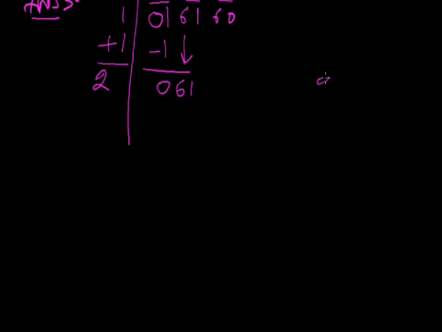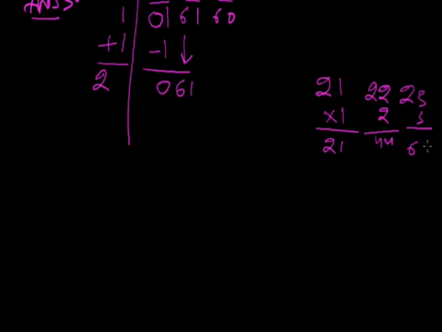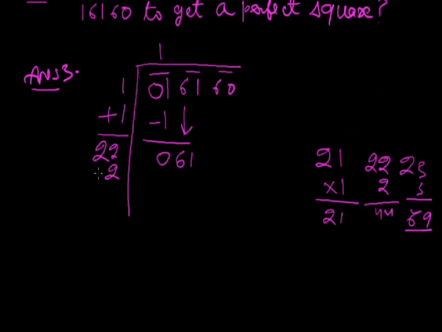Now multiply 21 into 1, we get 21. 22 gives us 44 and 23 gives us 69. So 69 is a large number as compared to 61, so we'll get 2 as the number which was required.